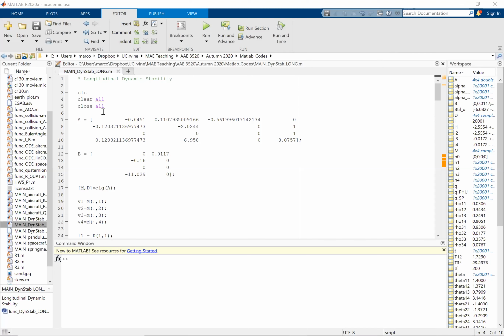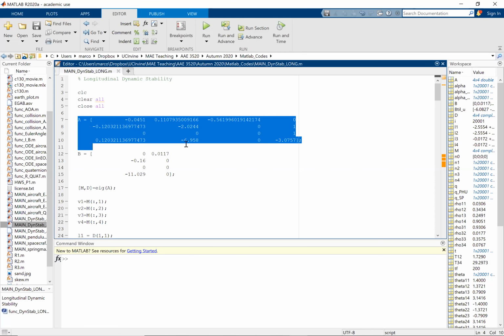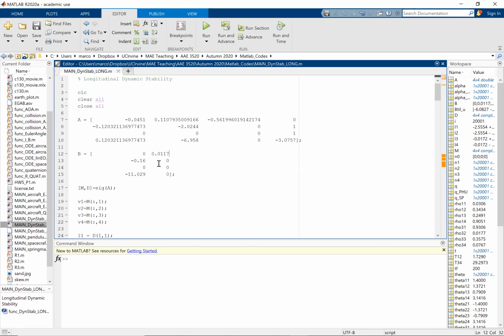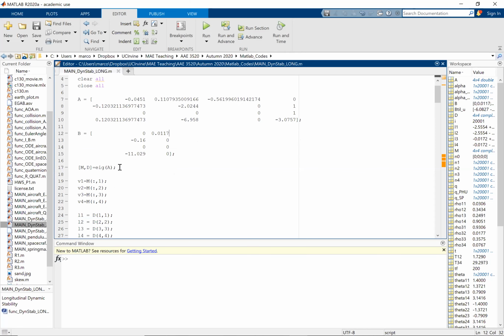Okay, so we have our code over here. So I wrote down the A matrix and the B matrix. That's pretty straightforward.